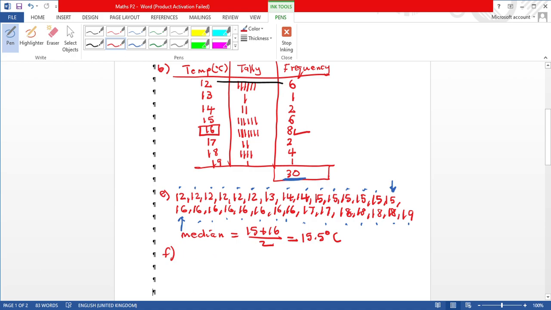This 15.5 degrees Celsius is telling us that since it's the midpoint of the data, it means 50% of temperatures measured at the Mpumalanga weather station are above 15.5 degrees Celsius, because it's half of the data that is above 15.5 degrees Celsius, the other half is going to be below.